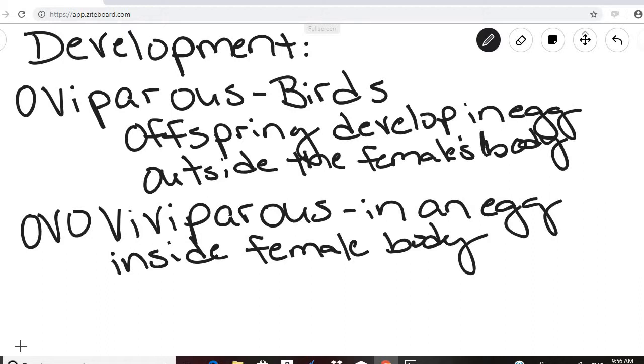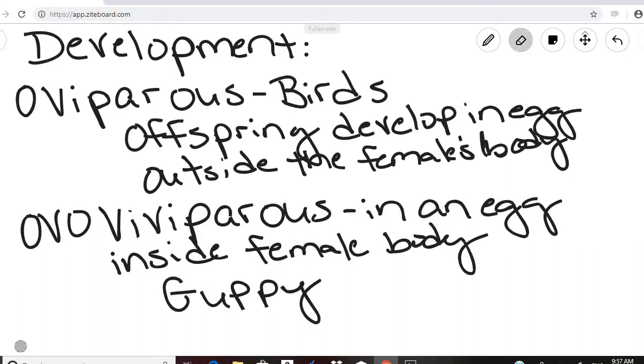In other words, the egg stays inside the mother until they hatch, and then the live young come out of the mother after they have hatched. There's a type of tropical fish called a guppy, and guppies are an example of ovoviviparous development.